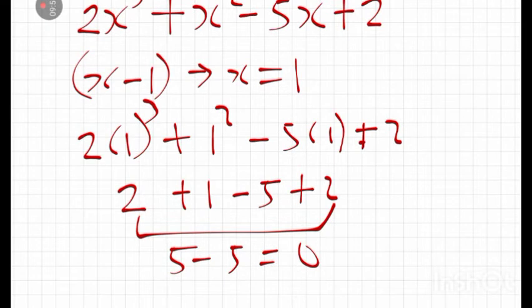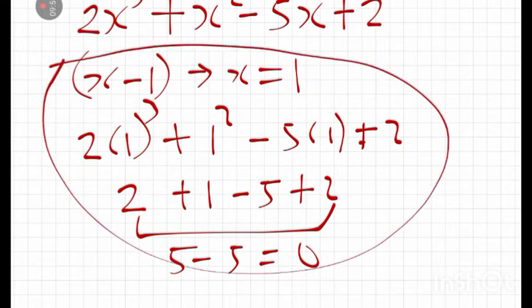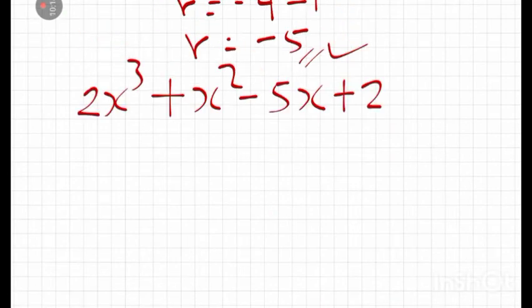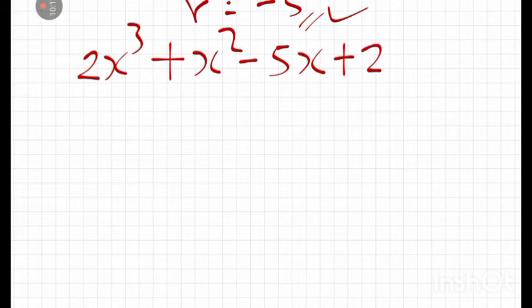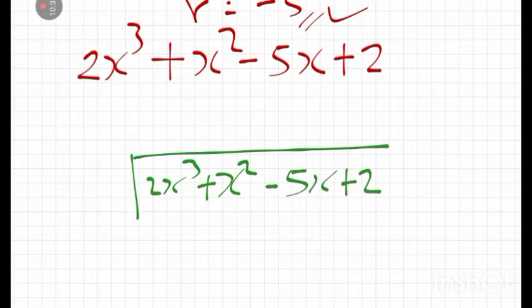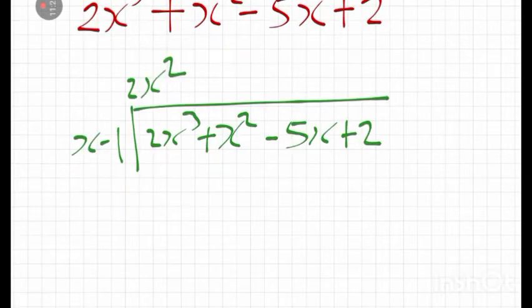So we can now factorize this polynomial expression to get the other factors. We already have one of its roots, then I'm going to divide with that root that I have. 2x raised to power 3 plus x squared minus 5x plus 2, divided by x minus 1. x goes into 2x cubed 2x squared times. 2x squared times x, I have 2x cubed. 2x squared times minus 1, I have minus 2x squared.